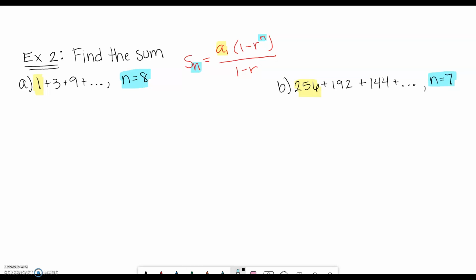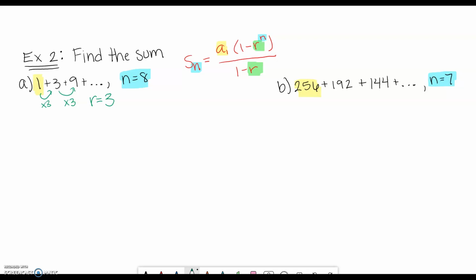And then we need to look for the ratio, and we're going to plug it into both spots where that r is. So to find the ratio, you need to find what it's multiplying by. So 1 to 3 would be multiplying by 3. 3 to 9 would be multiplying by 3. So our common ratio is 3.